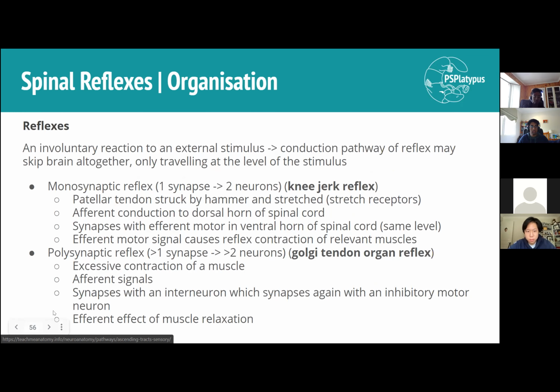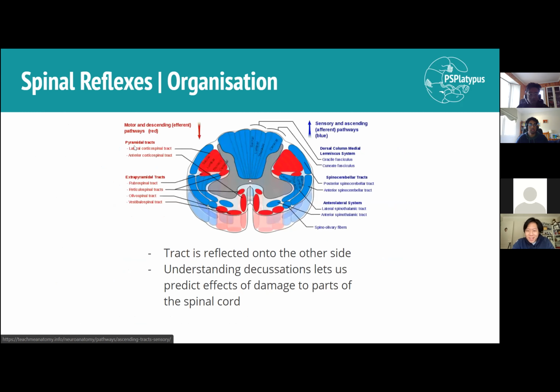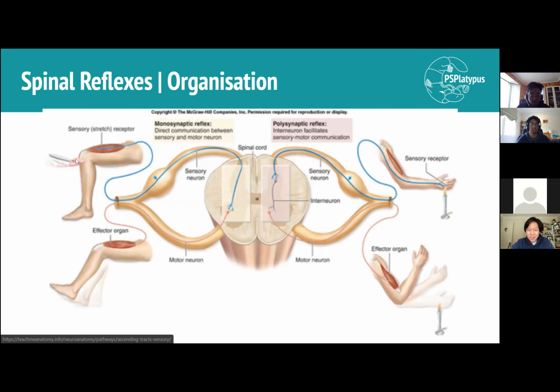Okay, so there's two different types of reflex, a monosynaptic reflex and a polysynaptic reflex. Monosynaptic, mono means one, so it's one synapse, and one synapse suggests two neurons only. And this example is that of a knee-jerk reflex. So the classic knee-jerk reflex. The patella tendon is struck by a hammer and stretched.